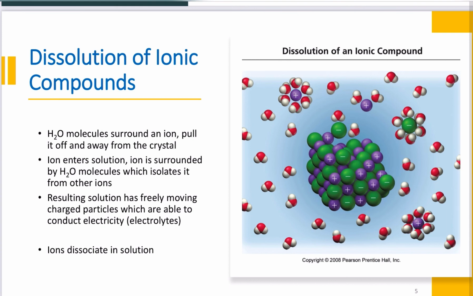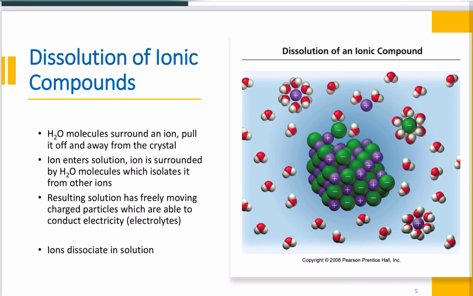The hydrogen side of the water has a partial positive charge, and that orients itself in relation to the chloride ions. When 6 water molecules with the hydrogen ends aiming towards the chloride ions surround a chloride ion, the chloride ion then lets go of that crystal and leaves with the water.